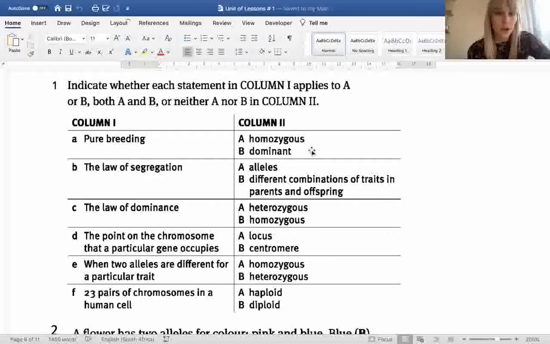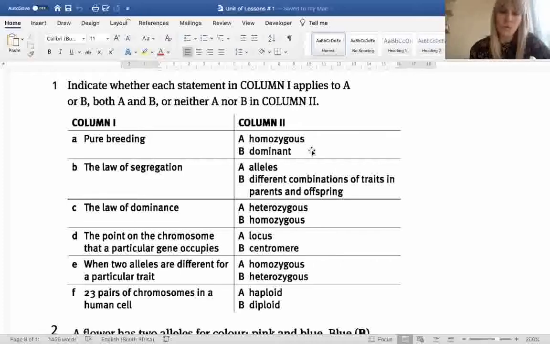Is that homozygous, or is that to do with something dominant? So the answer is A, homozygous. It only consists of one allele type. So either capital B, capital B, small b, small b, capital R, capital R, etc.